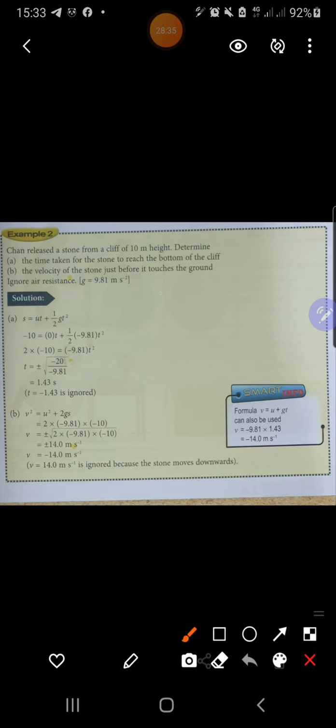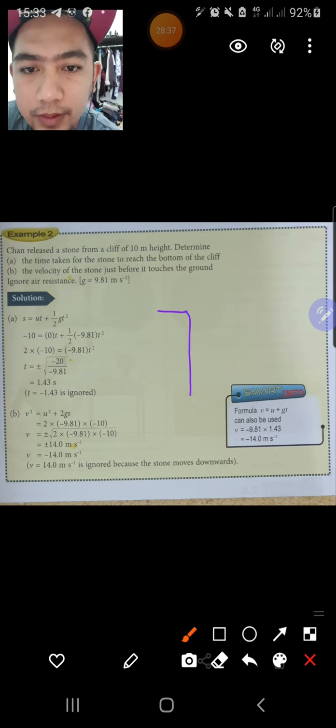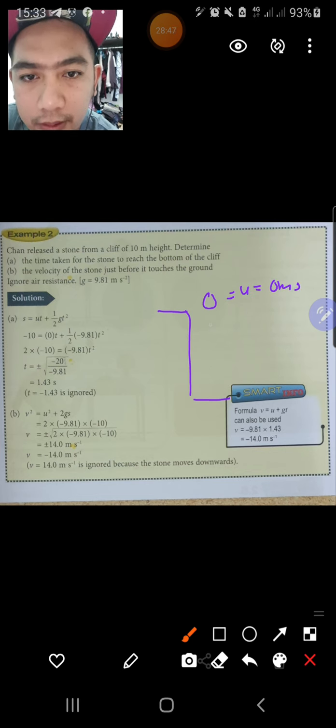This one is the ground, and the stone is thrown. At first, its u is equal to 0 meter per second. So we want the velocity throughout its movement before it reaches the ground. So V is what we want to find.